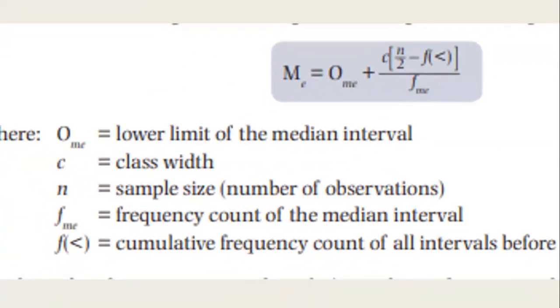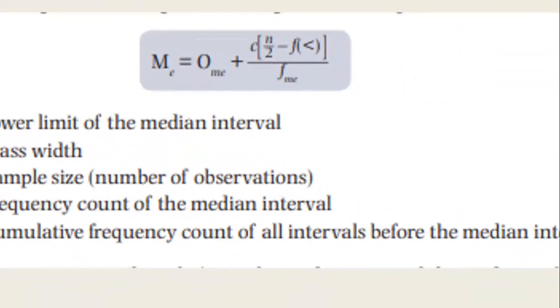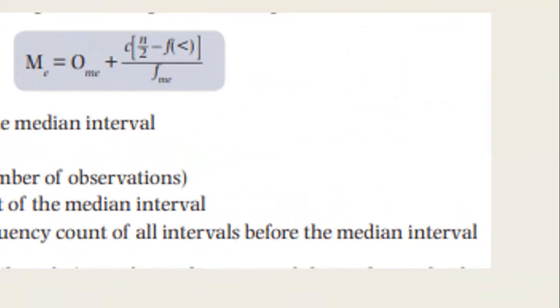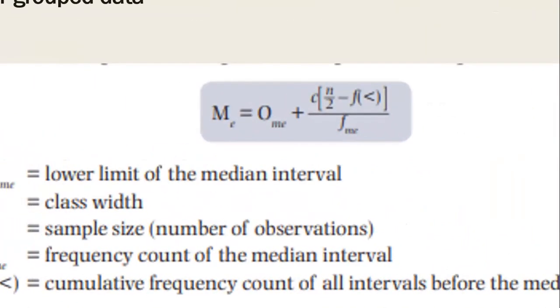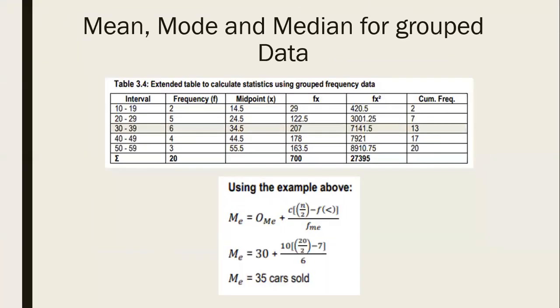I explained to you last week what a class width is. And then here you have n over 2 minus f less than, that is the cumulative frequency count of all the intervals before the median interval, over FME, which is the frequency of the median interval itself.